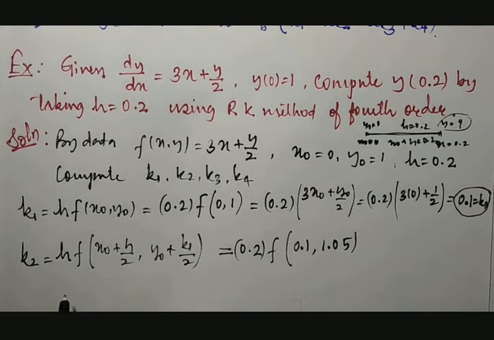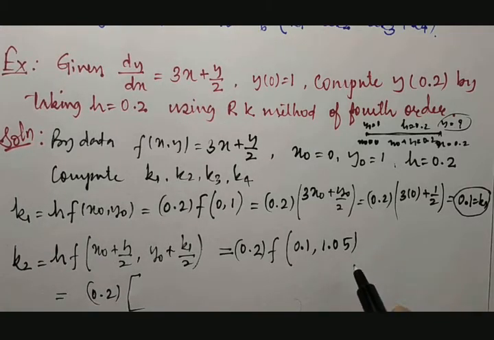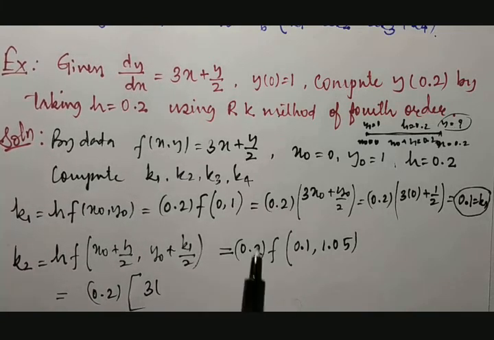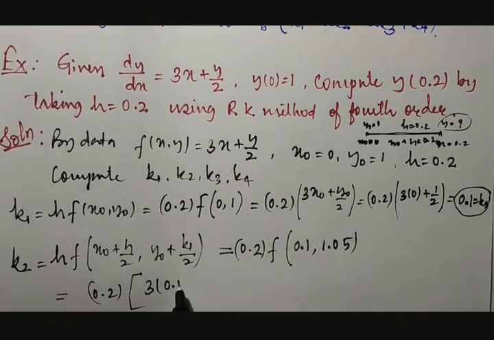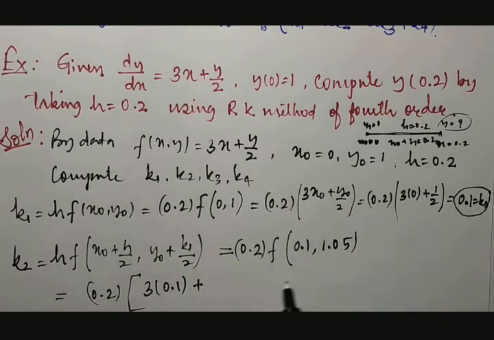Therefore, this is equal to 0.2 into the functional value: 3 times x, which is 0.1, plus y, which is 1.05, divided by 2.